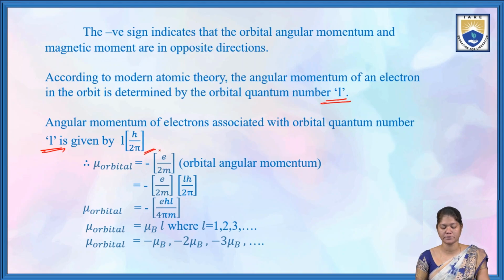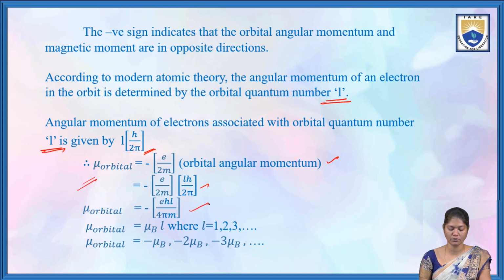Therefore mu orbital is equal to minus e by 2m into l h by 2 pi, so mu orbital is equal to minus e h l by 4 pi m.